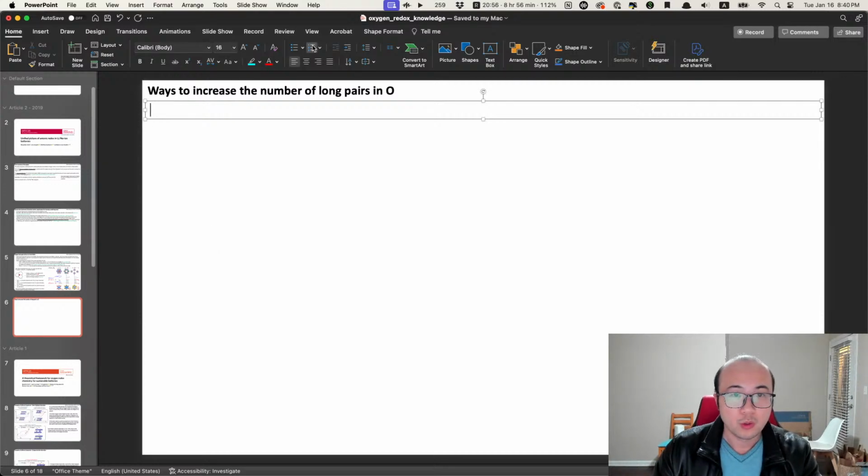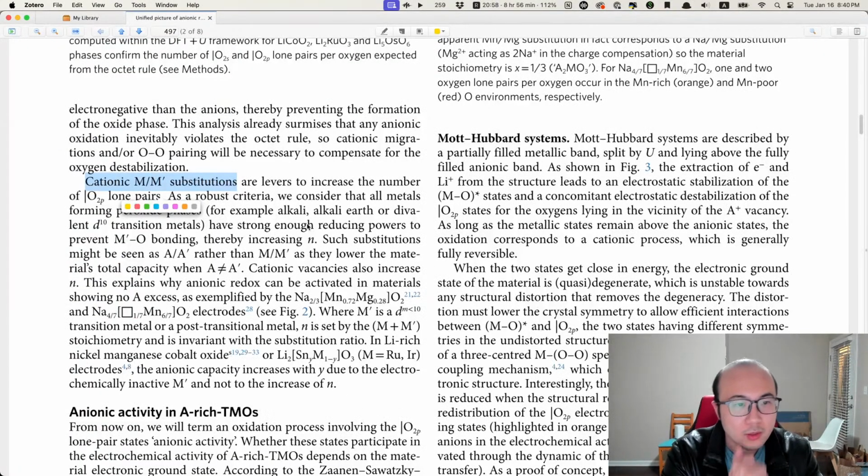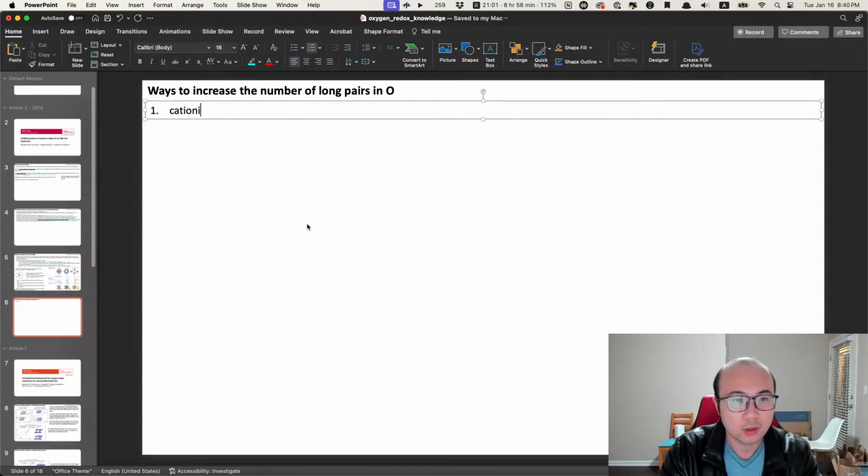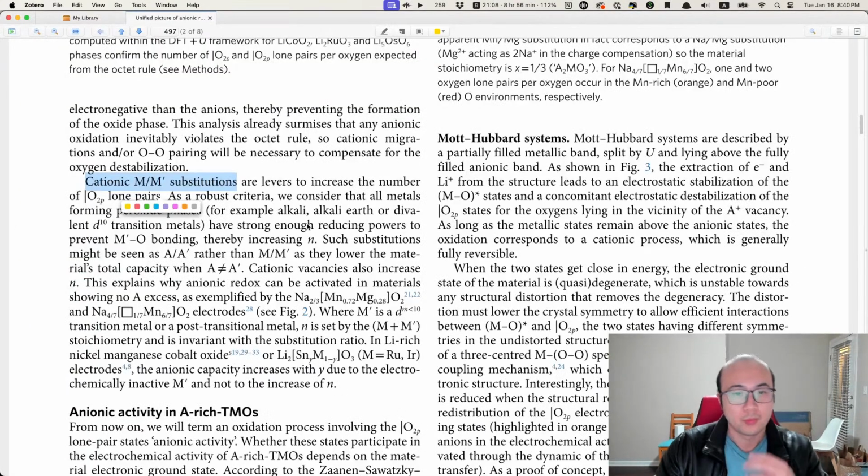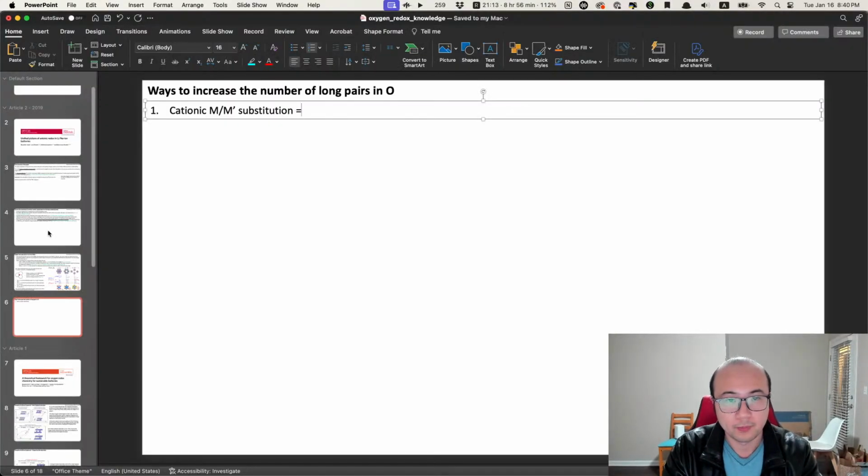So one way to increase the number of lone pairs is to make substitution. Levers to increase the number of oxygen lone pairs.